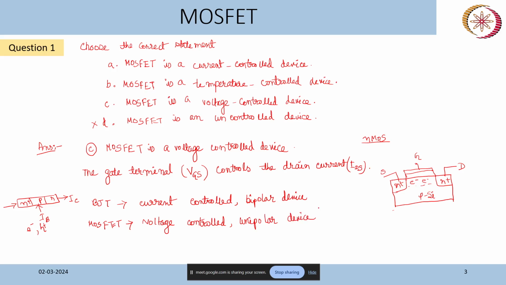For example, in case of NMOS, this channel will be of N type. That means there will be electrons, and the current ID will be contributed by the electrons in the channel. Okay, so this is a unipolar device.